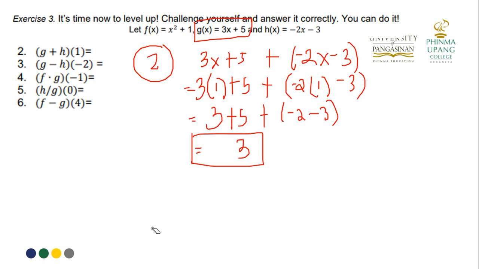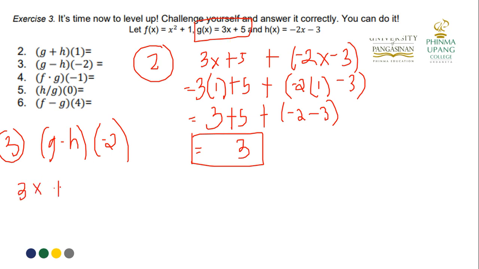Alright. Let's move on to number 3. Number 3 here is g minus h. Then, we have negative 2. So, get the g here. We have 3x plus 5. Then, you have minus. Our h is negative 2x minus 3.